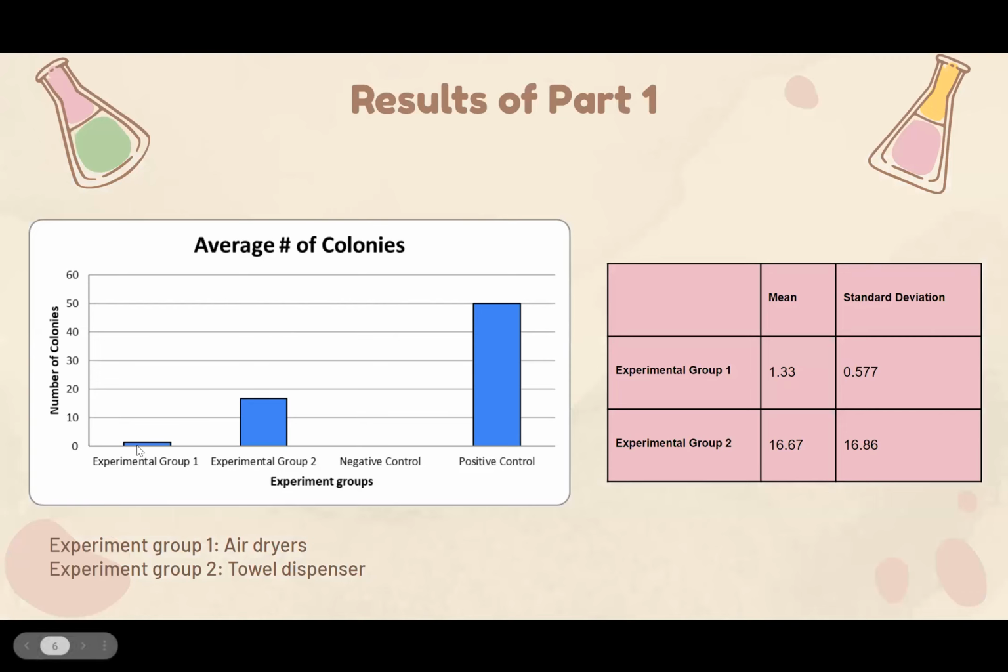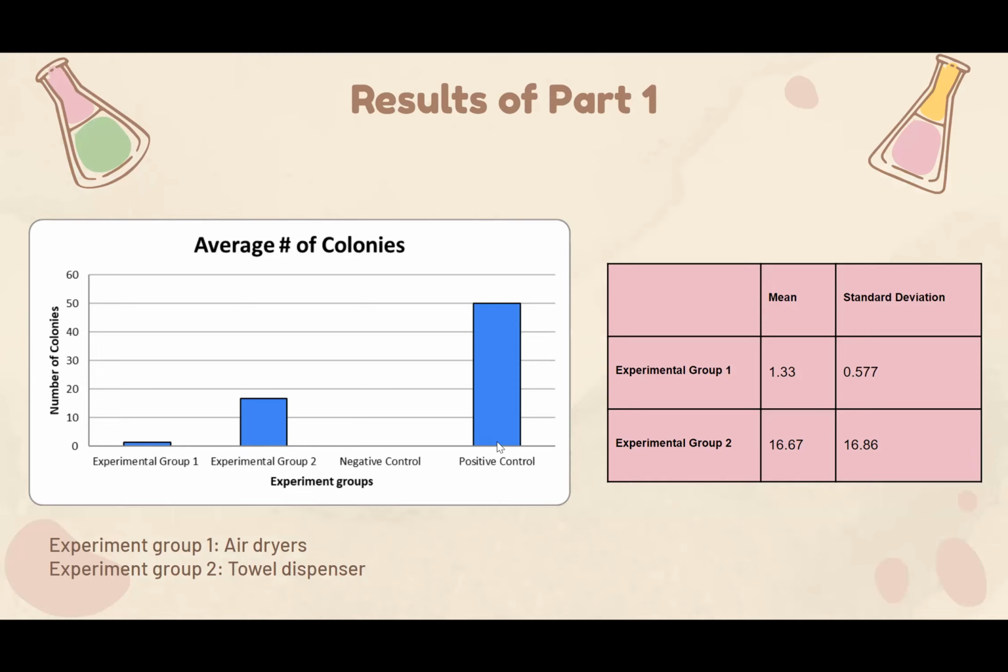The experimental group, which is our air dryers, can be seen here to have a low mean of 1.33. Our experimental group 2 has a mean of 16.67, and this represents our towel dispenser. Our negative control, which had 0 colonies, and our positive control, which had about 50 colonies.